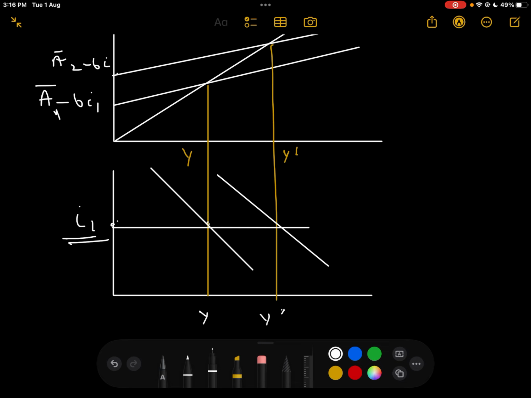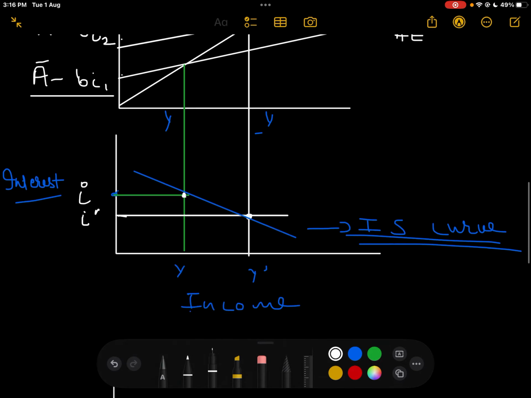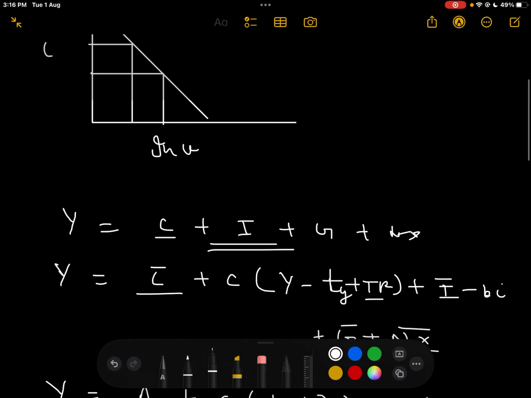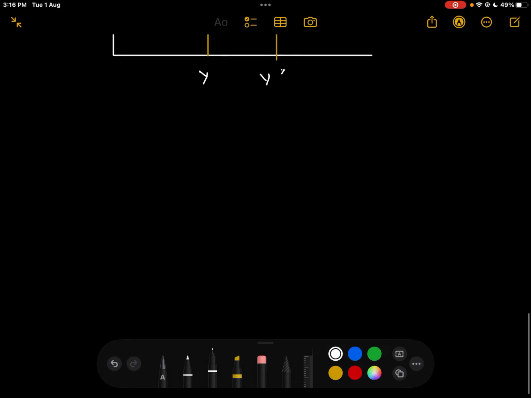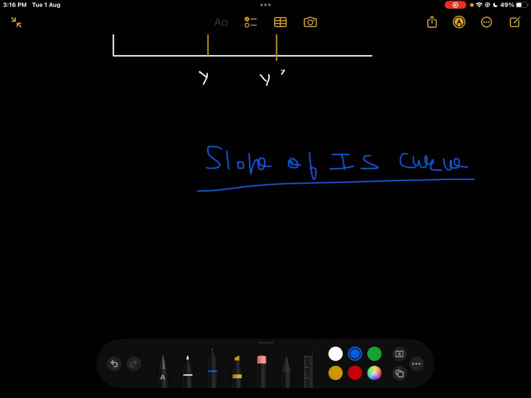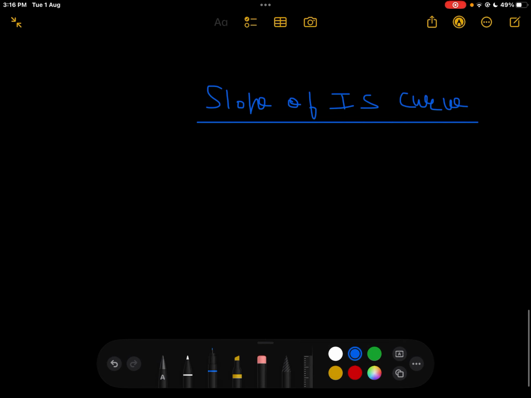Now let us understand the factors which affect the slope of IS. We have covered a lot till now. So now, the slope of the IS curve. For understanding the slope of IS, see, it depends upon two things.